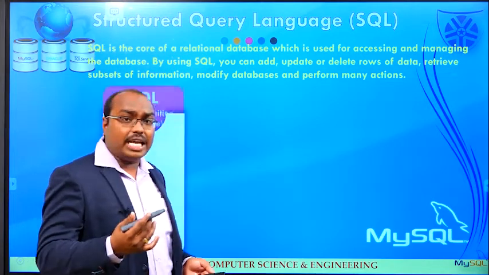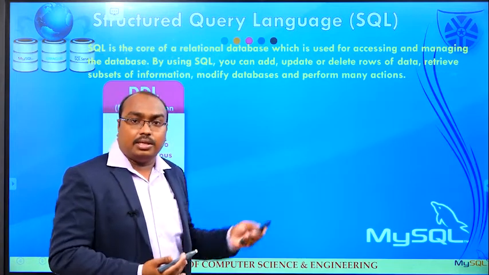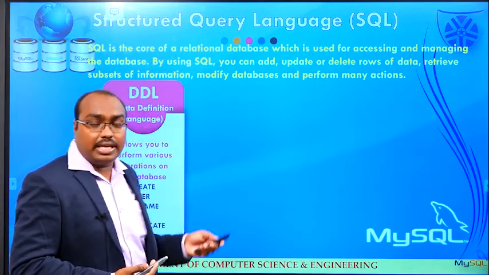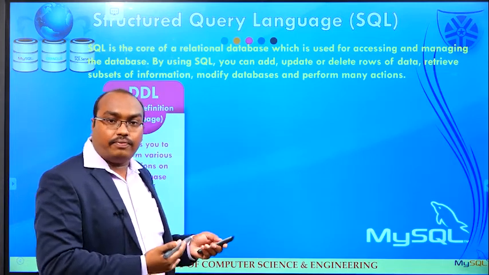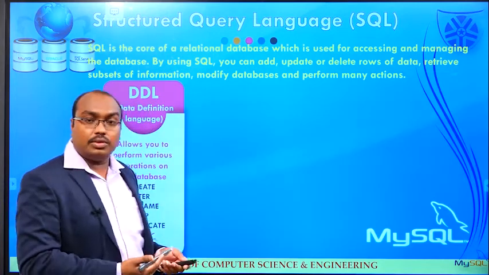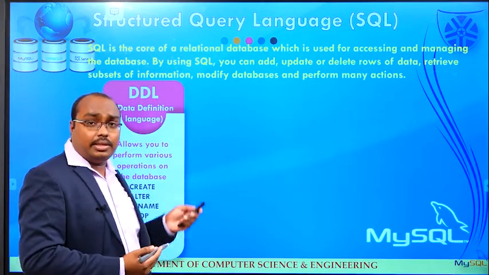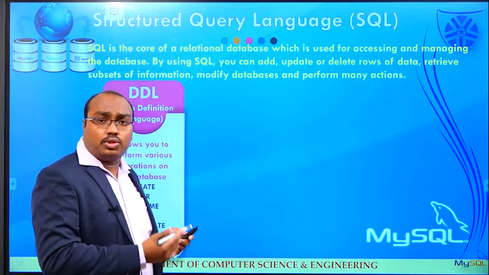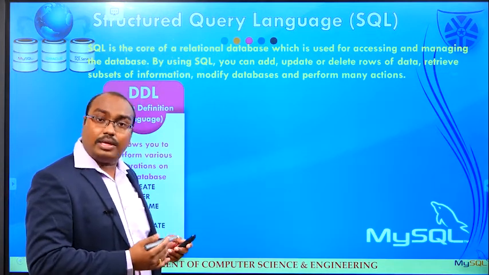So what are the different types of languages in Structured Query Language? There are different languages. For example, DDL. DDL means Data Definition Language, which helps to define and structure the database or tables.